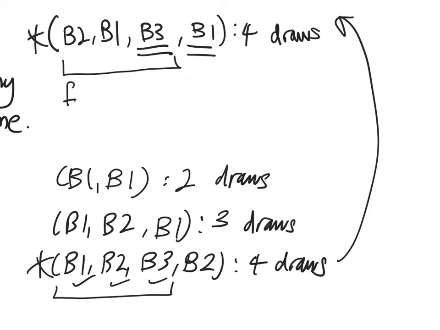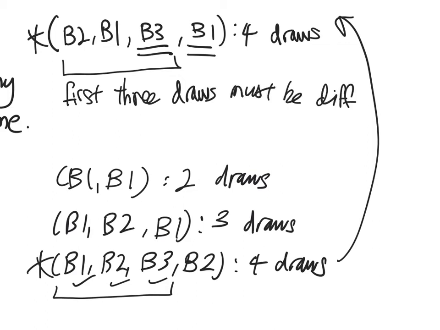Your first 3 draws must be of different balls. Once you notice this idea, all you have to be careful of is how to calculate these 3 draws such that they are all different balls.